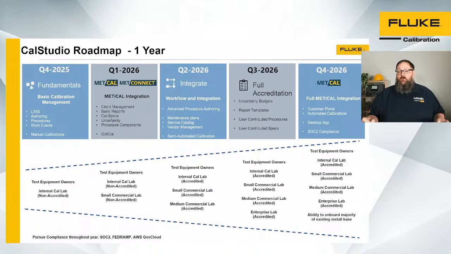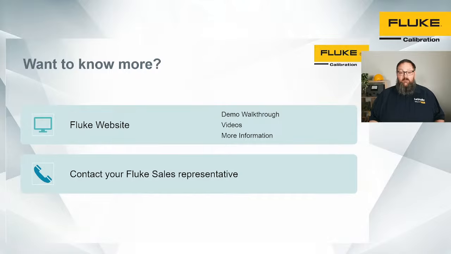So the best way to talk about pricing is really to reach out to your Fluke sales rep, and we can walk through, based on what your lab looks like, what does that map to in terms of what's available today, but also where we're going and what that would look like in the future, even if we're not ready to support you in the current state just yet. Or if you want to get started and get kind of a demo instance and see what it looks like and get your hands on it, that's something we can absolutely do.